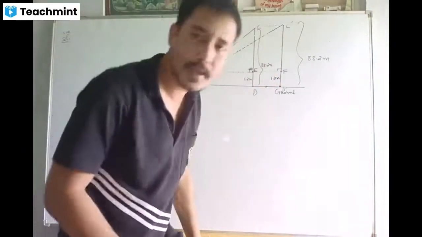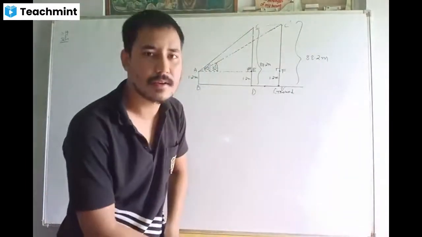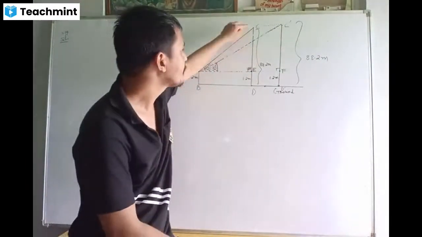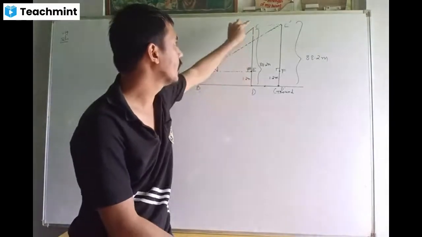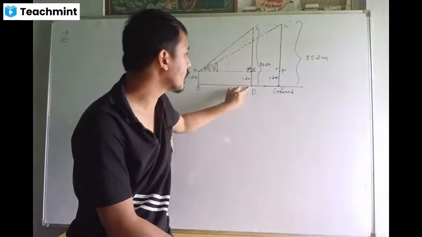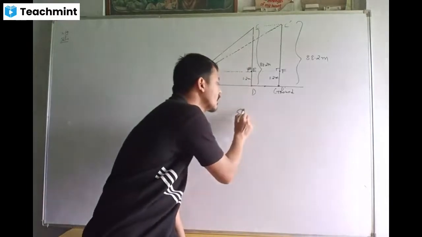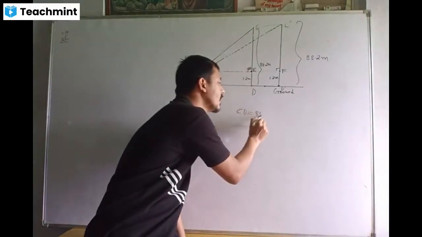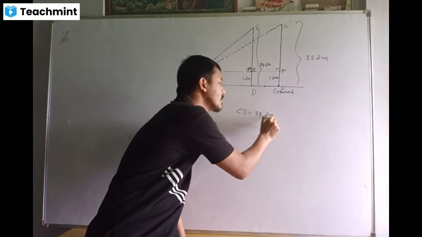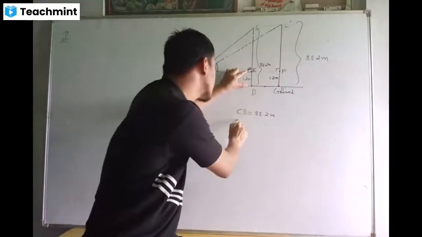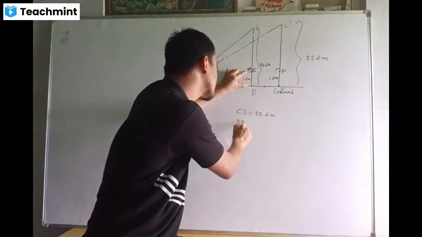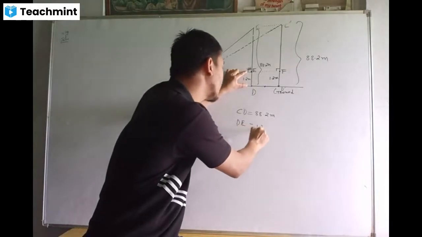Now, listen to me very carefully. In that case, what is the height of the balloon from the ground? Height of the balloon from the ground, CD, is 88.2 meters, right? And this distance DE is 1.2 meters.